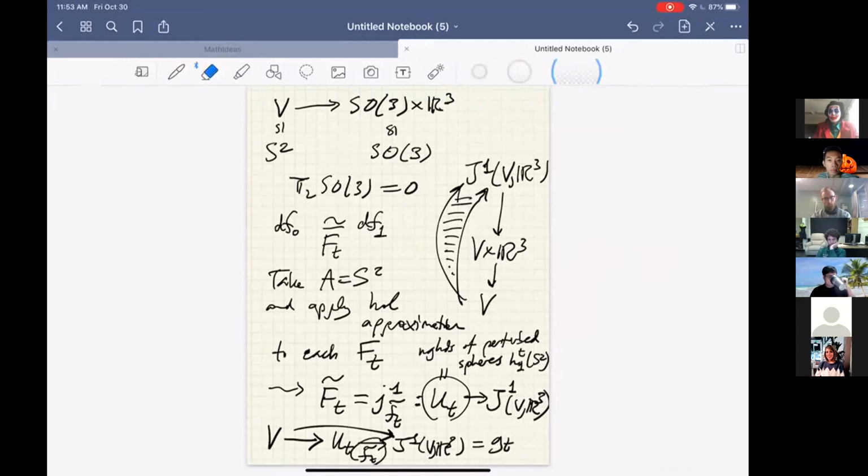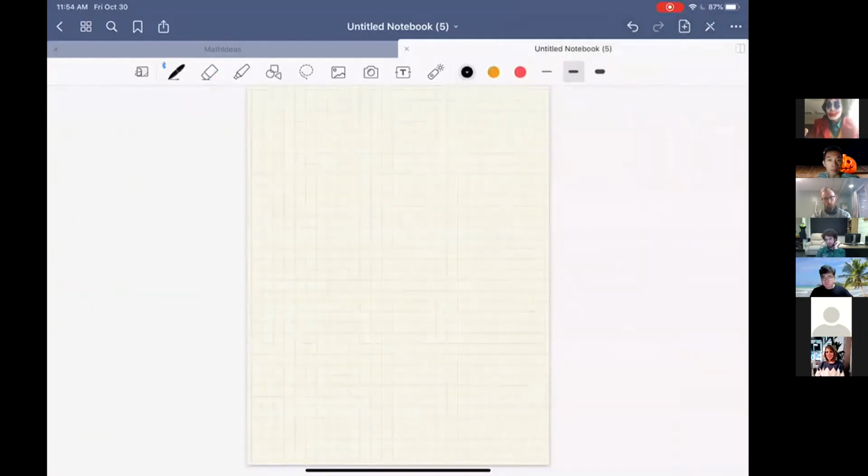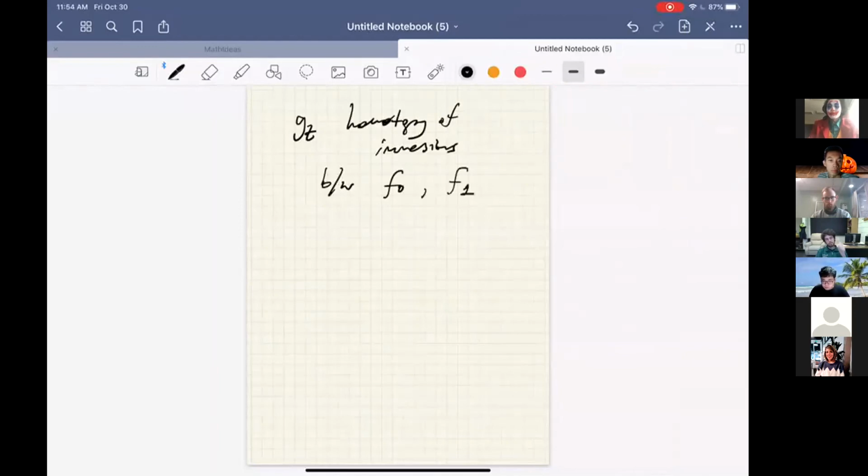So then G_t is a homotopy of immersions between F0 and F1. Kind of a letdown.